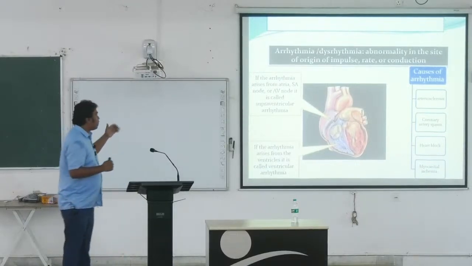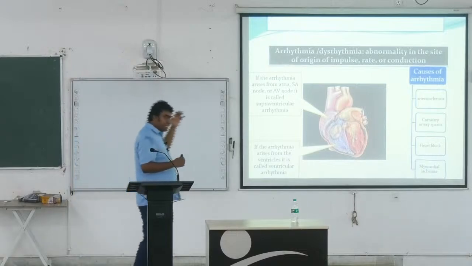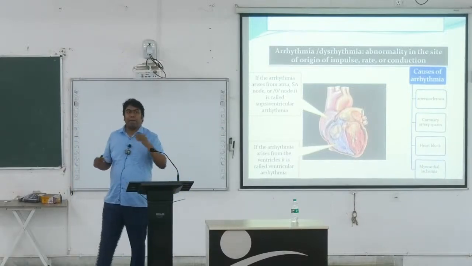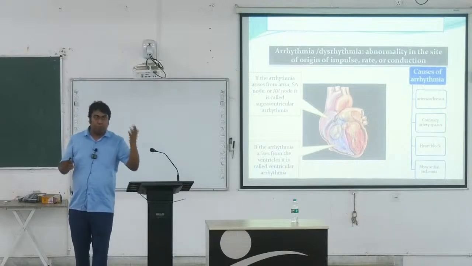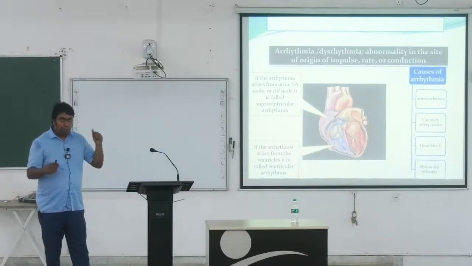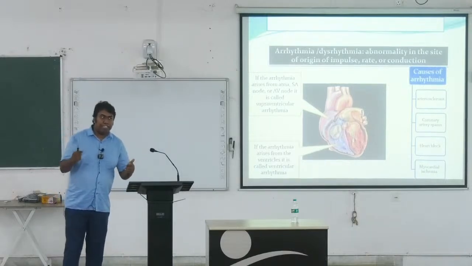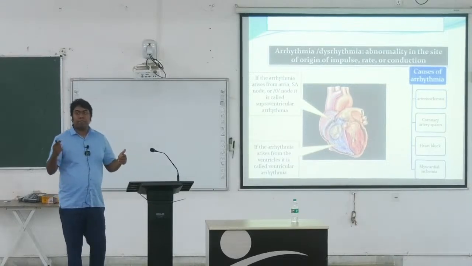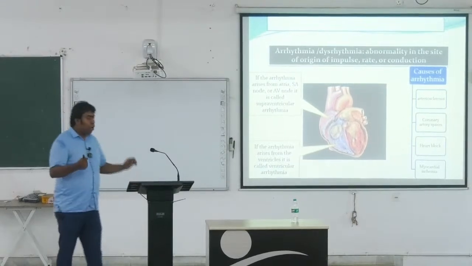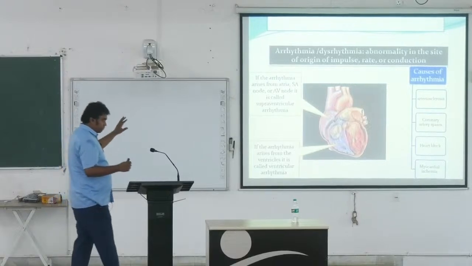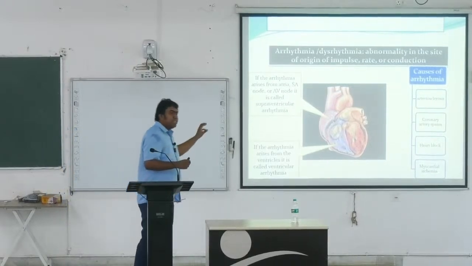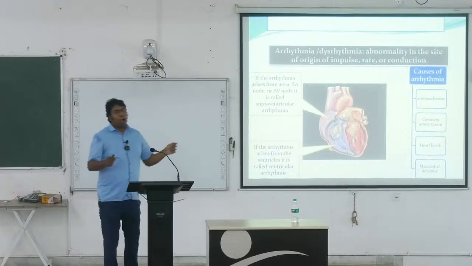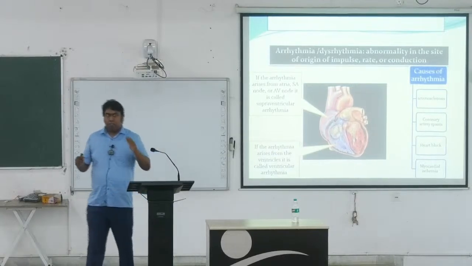If it is generated from the atrium, SA node, or AV node, it is called supraventricular, above the ventricle. Whereas if the impulse is generated from the ventricle, it is called ventricular arrhythmia.